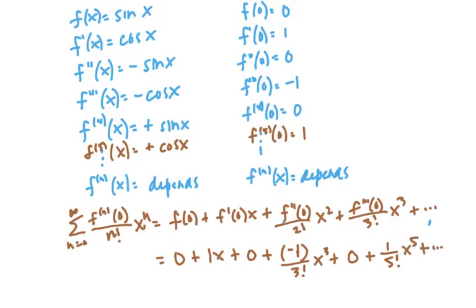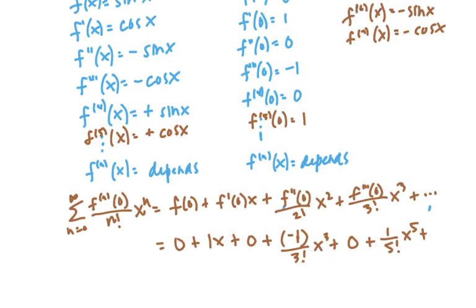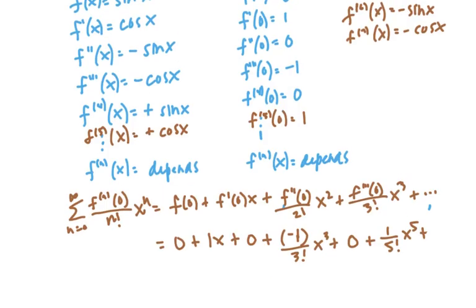So that should be enough to help us establish a pattern. But let's look at a couple more terms. The sixth derivative of sine x would be negative sine x. And the seventh derivative would be negative cosine x. So if we were to erase this and continue with our pattern, for our sixth term, the sixth derivative, sine of 0 is 0.